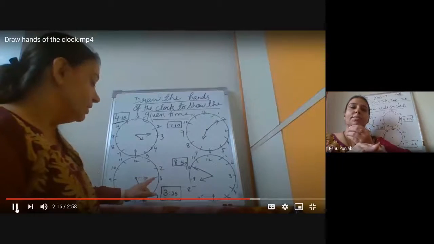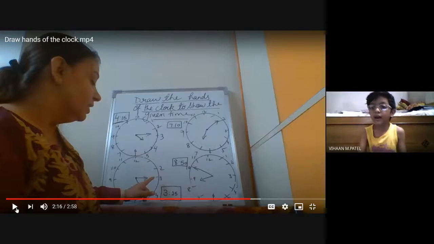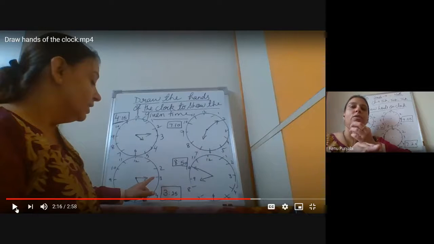Now Vihan Patel, tell me in this time 3:25, where will be the long hand? Long hand will be on 5. Okay, very good. Now Laksha Thakral, where will be the short hand?